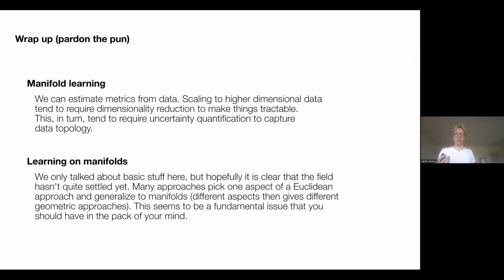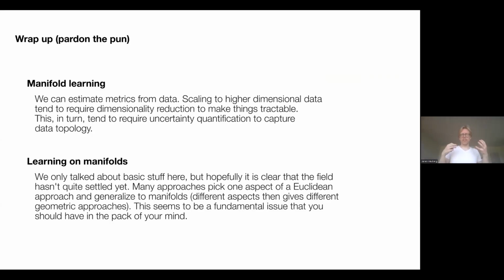Instead, I'll sort of wrap up, and I'll sort of say that what we've seen is that we can estimate metrics from data. But once we go to higher dimensional data, we tend to need to plug in some form of dimensionality reduction in there to make it feasible.